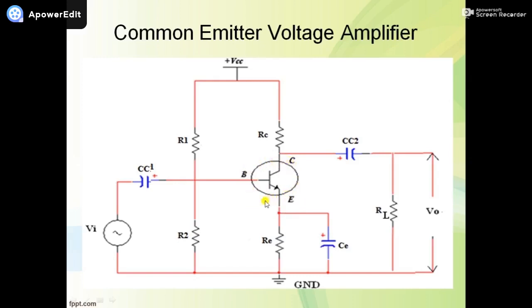The transistor has two junctions, emitter-base and collector-base, and based on the conditions of these two junctions, the transistor operates in three different regions. In the cutoff region, it acts as an off switch. In the saturation region, it acts as an on switch, and in the active region, it acts as an amplifier.